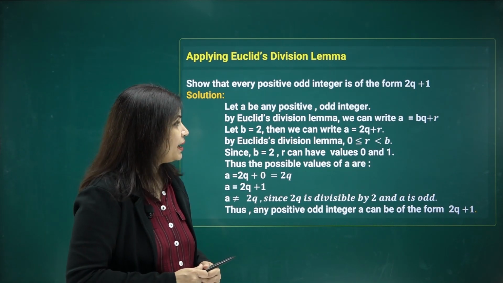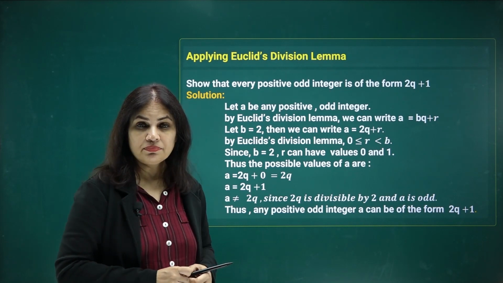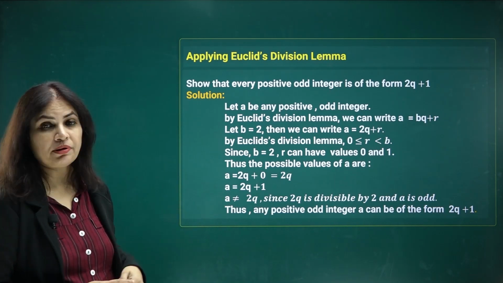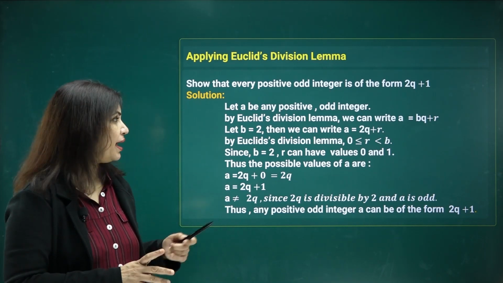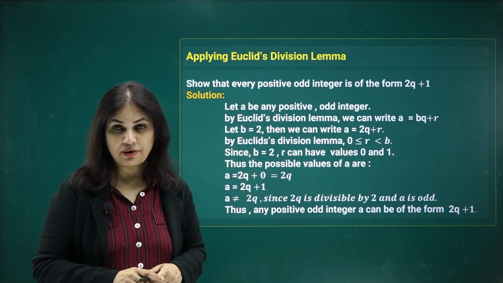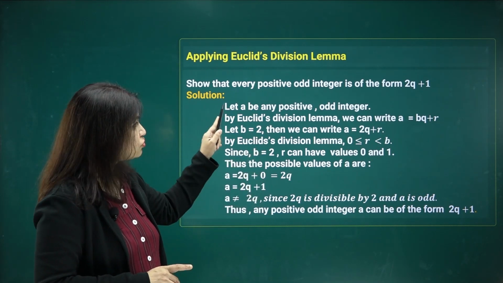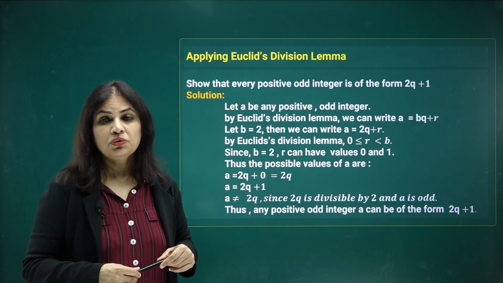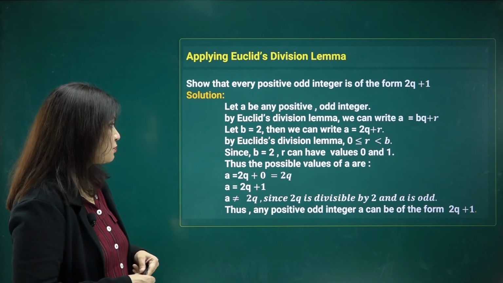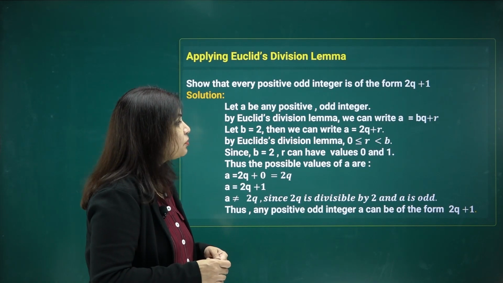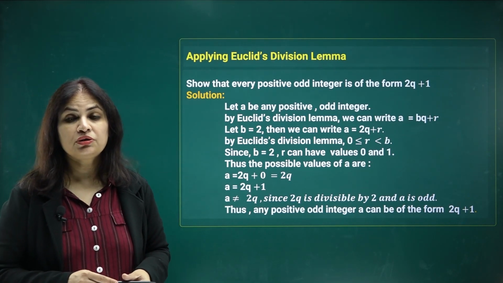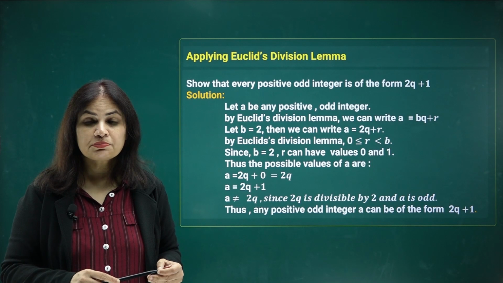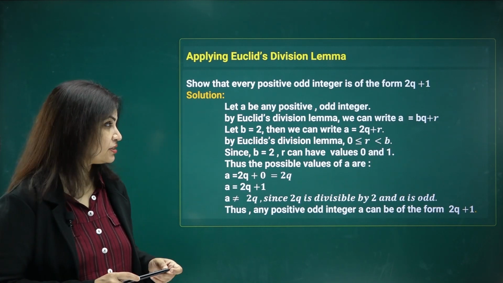Let A be any positive odd integer. By Euclid's division lemma, I can break up A as B into Q plus R. We have to show that every positive odd integer will take the form 2q plus 1. For this, we start with letting B equal to 2. What is B? B is my divisor.